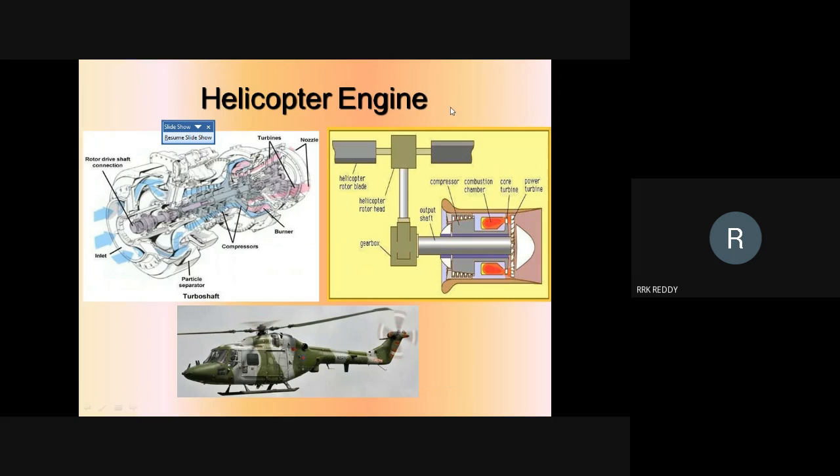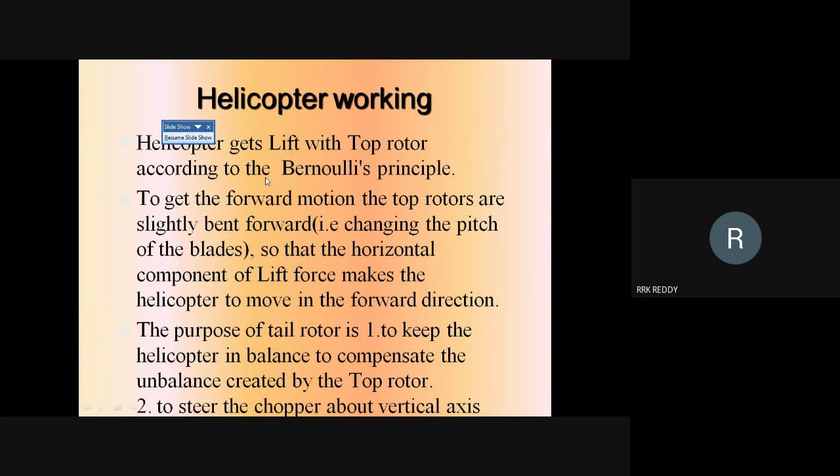Next is the helicopter engine. The helicopter engine is almost similar to the aircraft engine. First let us see the helicopter working. A helicopter gets lift from the top. There are two rotors here, the top rotor and the side tail rotor. The helicopter gets lift with the top rotor according to the same Bernoulli's principle. To get forward motion, the top rotors are slightly bent forward, by changing the pitch of the blades, which is called pitch changing.